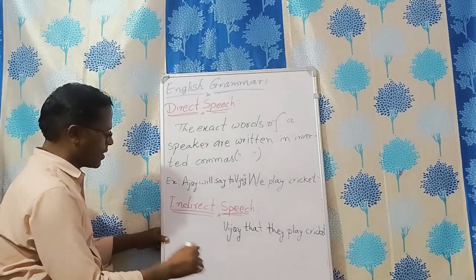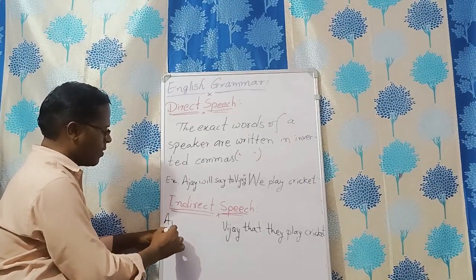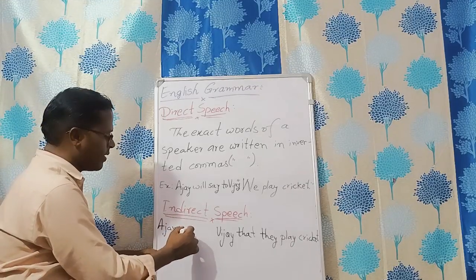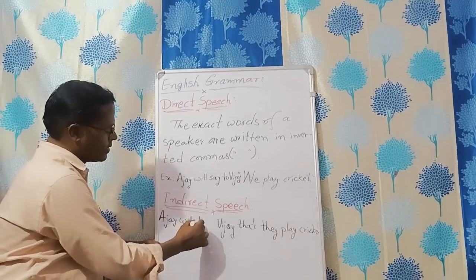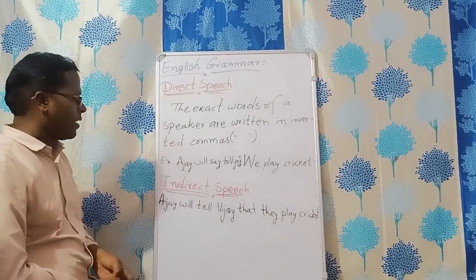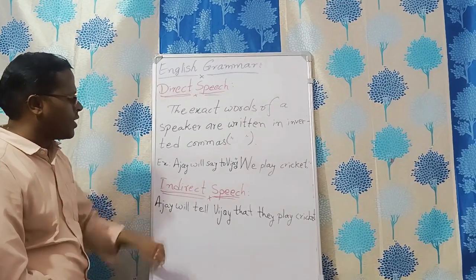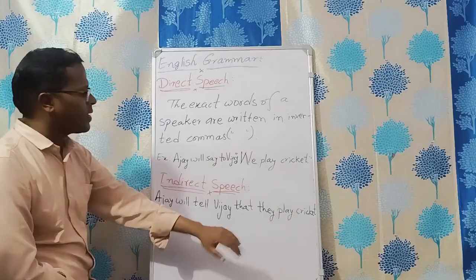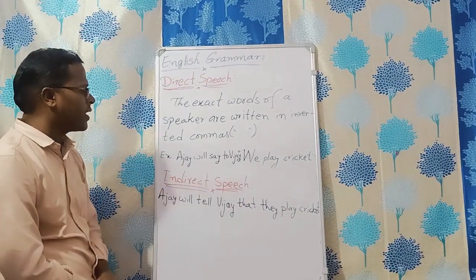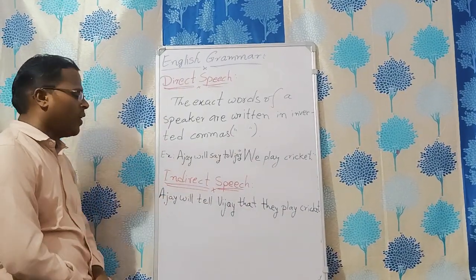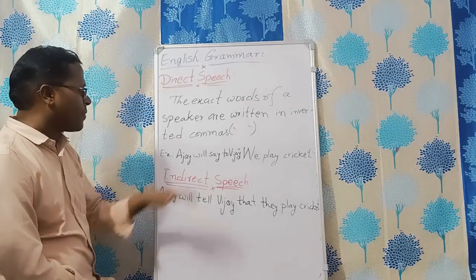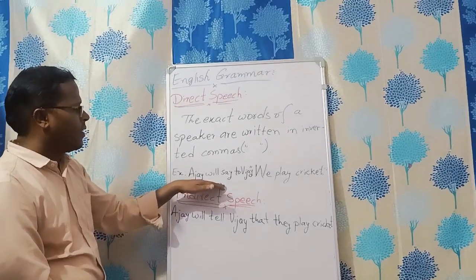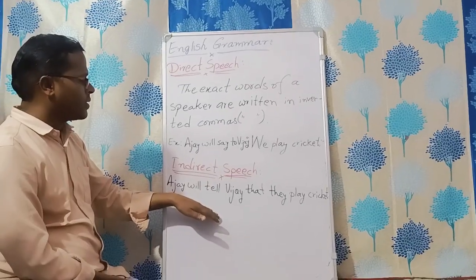Reporting verb also will become the same. What will it become? Ajay will tell. See here what am I using? There is no change in the tense when reporting verb is simple future. This is the indirect speech.